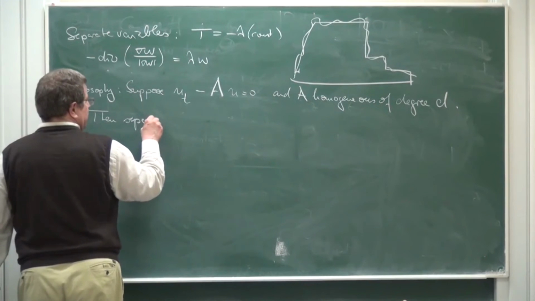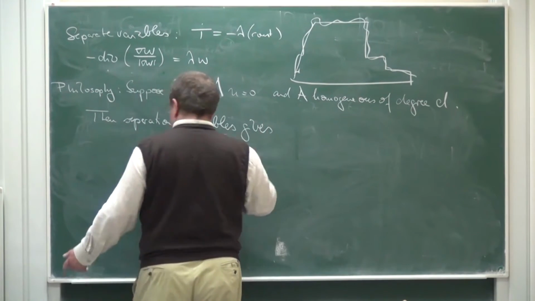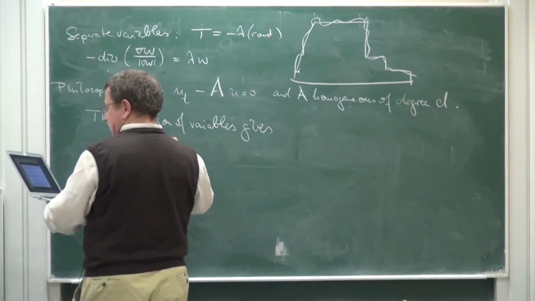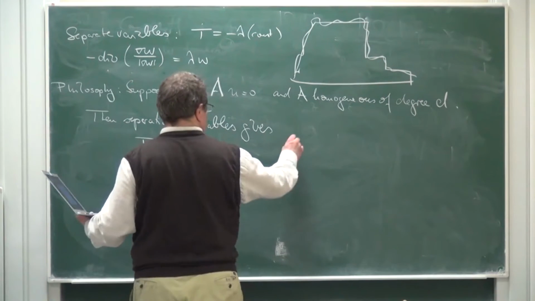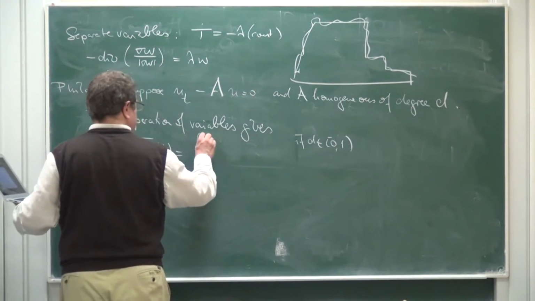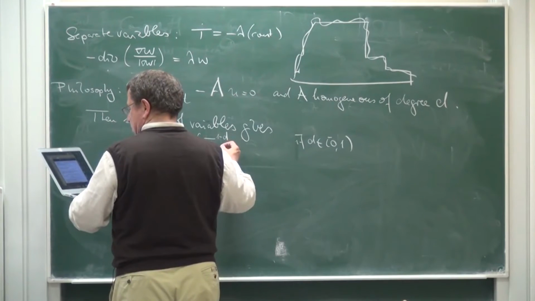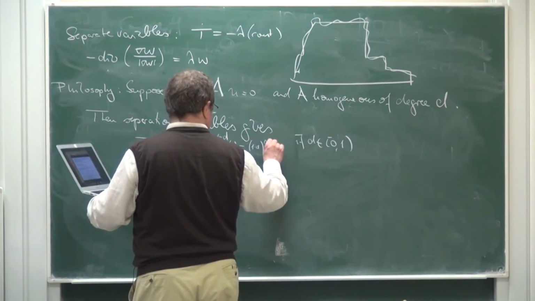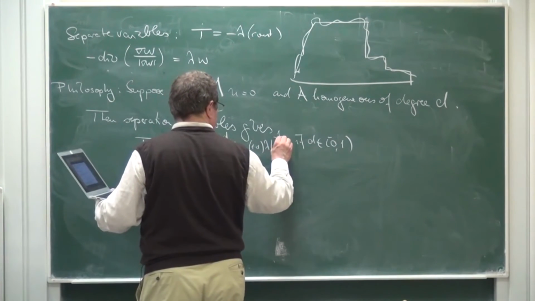Then separation of variables gives me a different behavior of the function capital T. T of t is equal to, if d is between 0 and 1, T0 to the 1 minus d minus 1 minus d times lambda t, and this to the power 1 over 1 minus d.